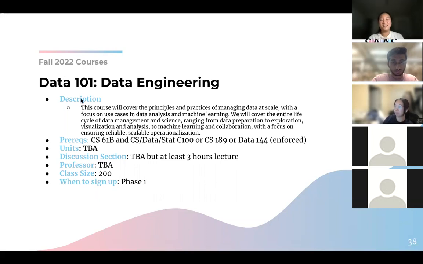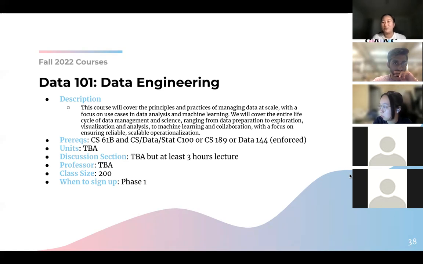Oh, okay. Apparently on Data Piazza, advisors said it's going to be 4 units. So that's really good to know. Thank you, chat. The class size is 200. And so I would say if you're really, really interested in taking this class, I would recommend phase 1 just because a lot of these smaller data science upper division classes like Data 144 end up filling up really, really fast, even though all of the seats are given to data science majors.